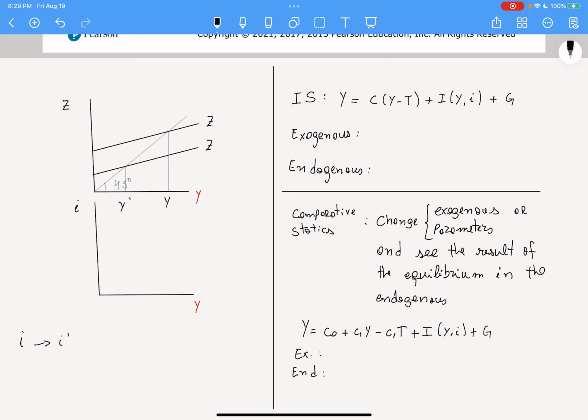What's the underlying reasoning, or the underlying process here? The interest rate goes up, making the investment decrease. Let's call this point A and this point A prime. They are just two equilibria in this graph.